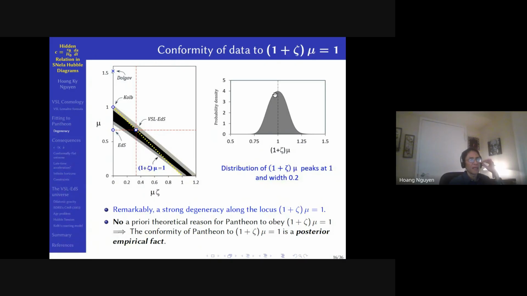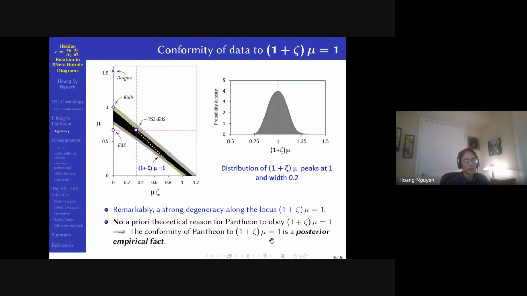It gives us a peak at 1 and is almost symmetric around this, with a width of about 0.2. That's what the data tell us. I did not impose any dynamics whatsoever in this case. So we have a remarkable degeneracy along the locus 1 plus zeta mu equal to 1.